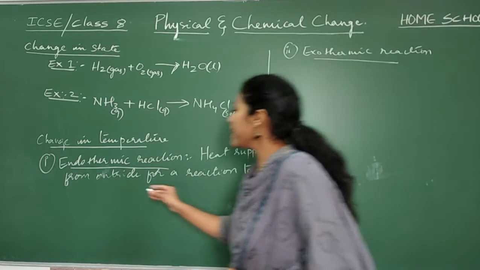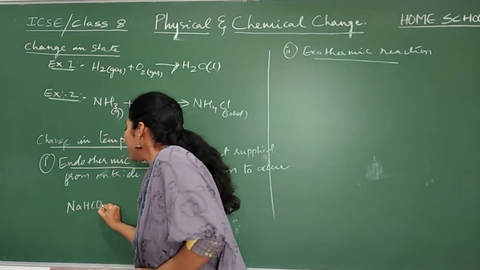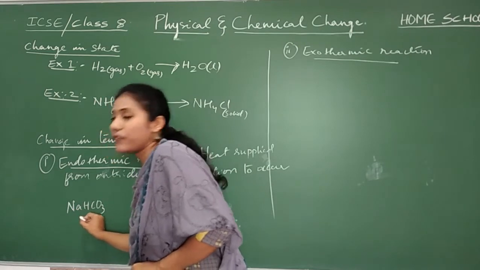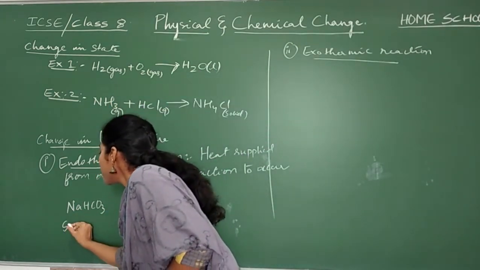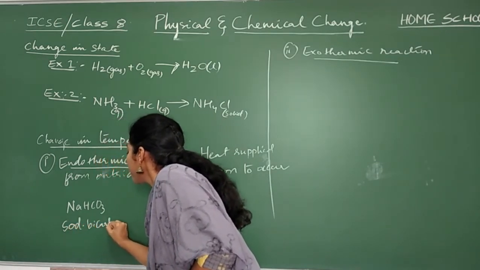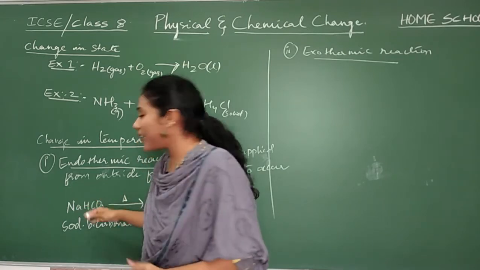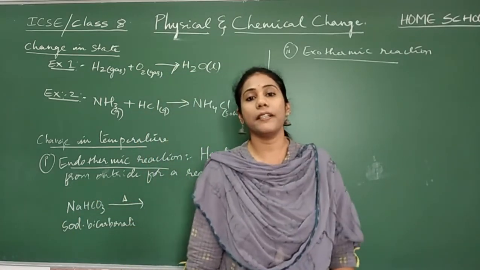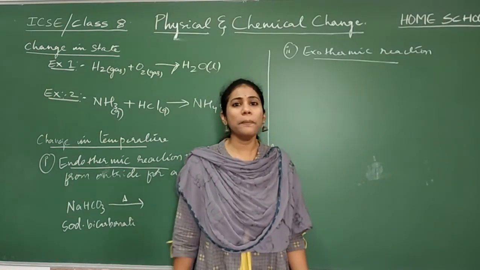Say for example, you have NaHCO3. This is what we call sodium bicarbonate. Whenever you heat it, say if you want to break this sodium bicarbonate, chemical substances will not simply undergo breakage.